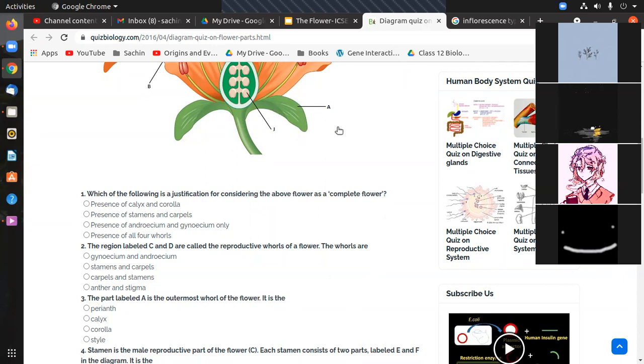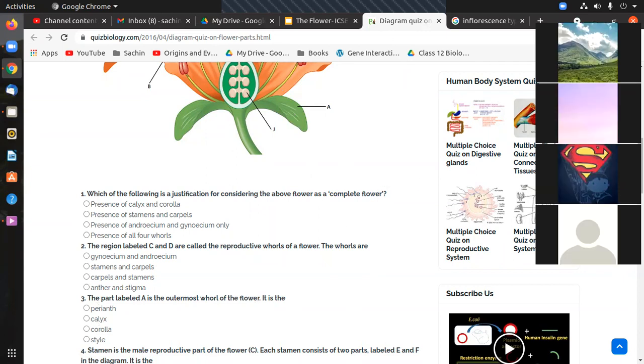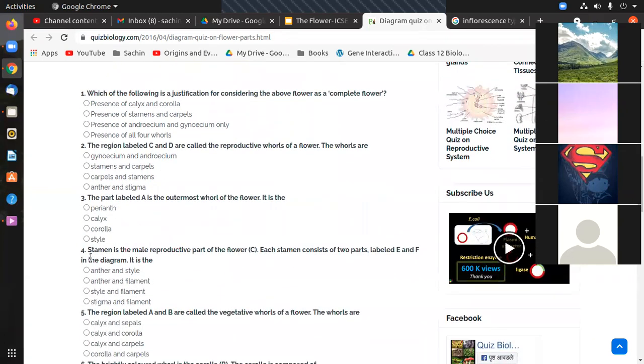Calyx is something with S. Sepals. Right, sepals we collectively call calyx.